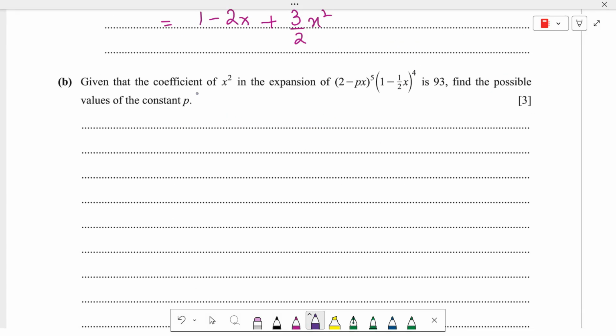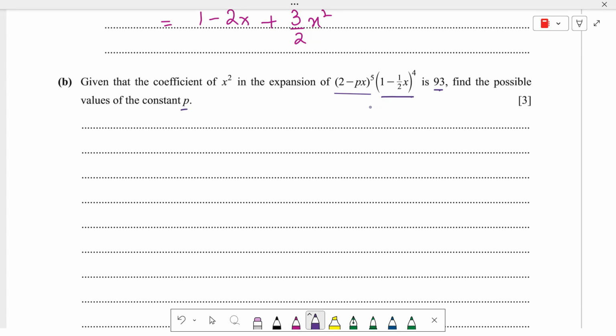Given that the coefficient of x squared in the expansion of (2 minus px) to the power of 5 times (1 minus half x) to the power of 4 is 93, find the possible values of the constant p. When this expansion is multiplied with this expansion, we will have different powers.